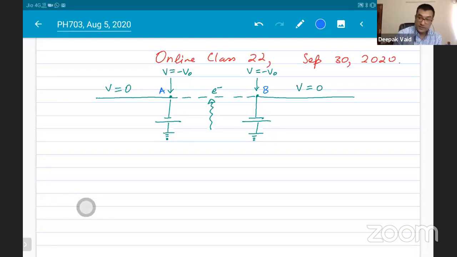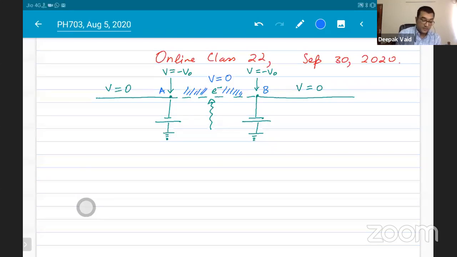When it is away from these terminals, the electron will not feel any force. So effectively, when it is away from these terminals in this region, the electron does not feel any force, and we can say that the potential is zero.